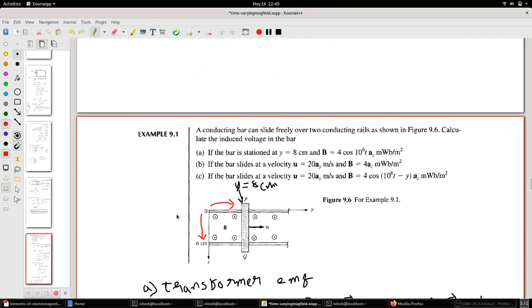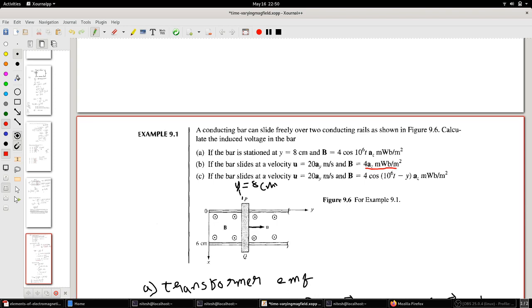Now the second part is part B. The bar slides at a velocity of 20 Ay meters per second and B is 4 Az milliweber per meter square. In this case B is a constant, a steady, static field, not changing with respect to time.